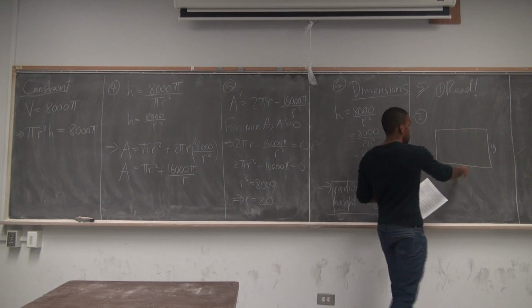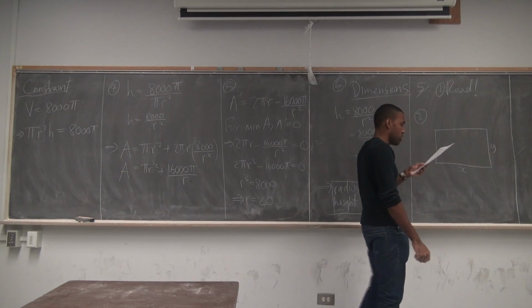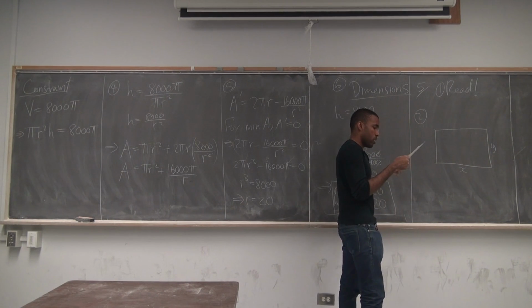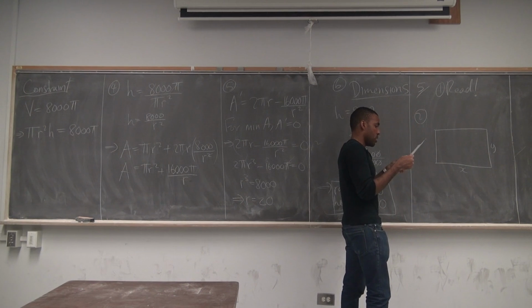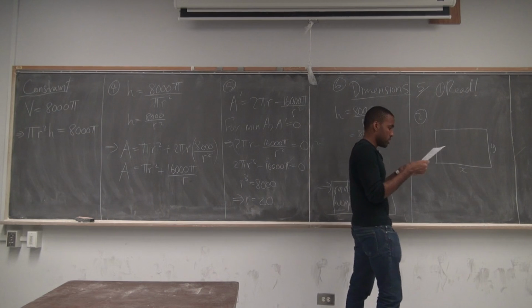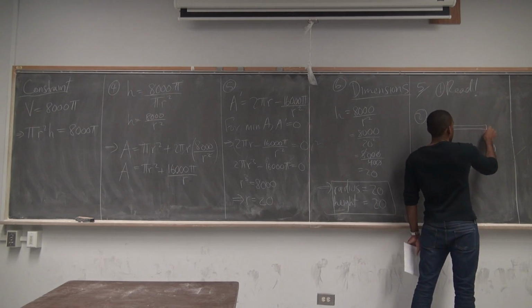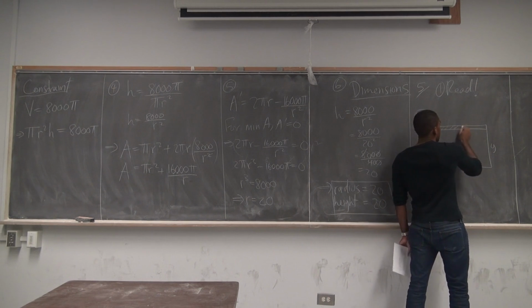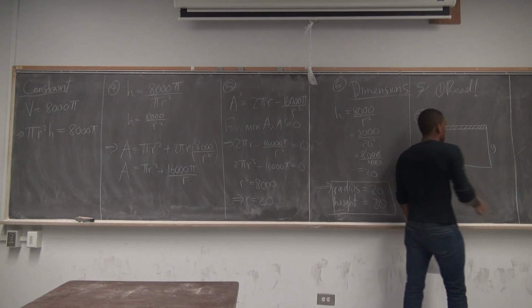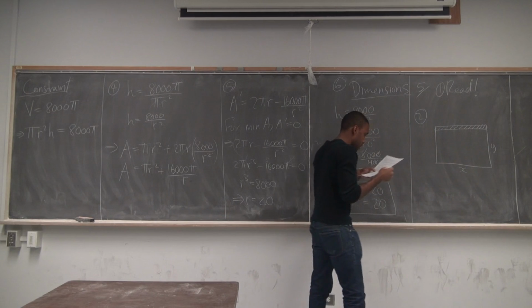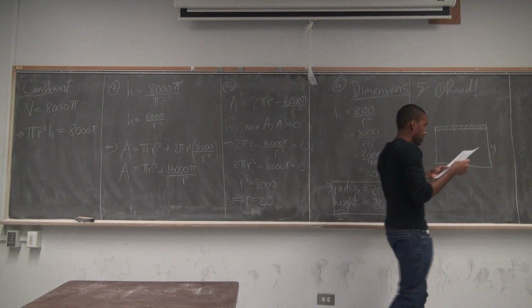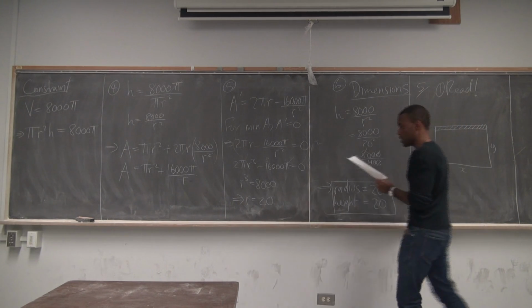The dimensions we don't know, so the length and width I actually don't know. But I know it's a rectangle. What else do I know? 3 sides are redwood. 1 side is cement. So let's make sure I identify the cement side. Let's say this is the cement side. All the other 3 sides are redwood. Okay, so that's my picture.